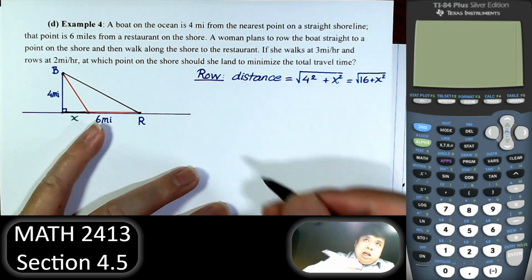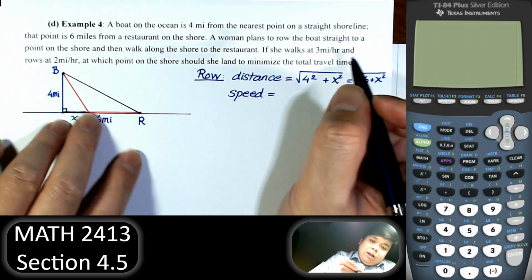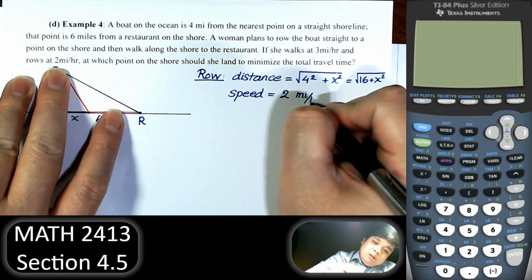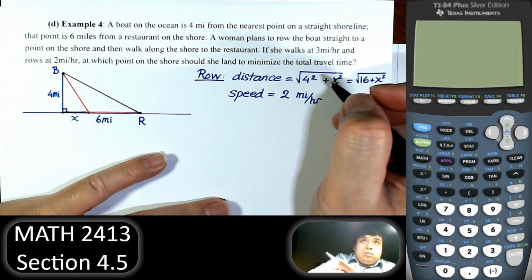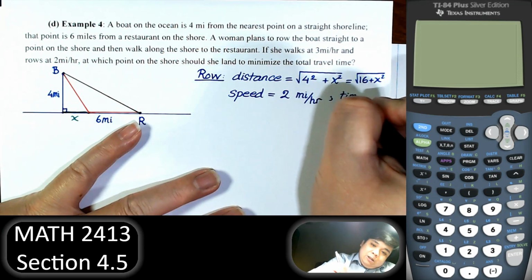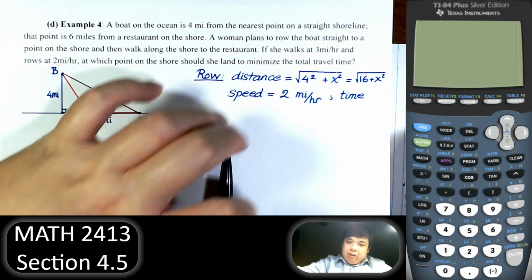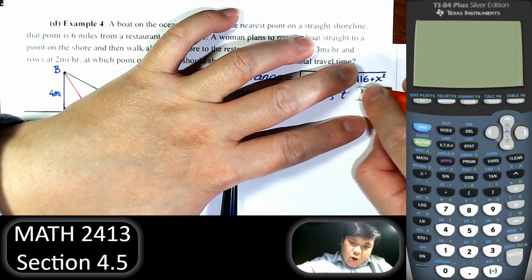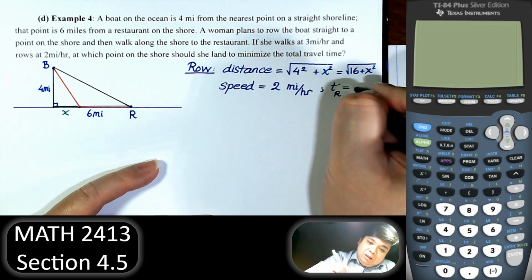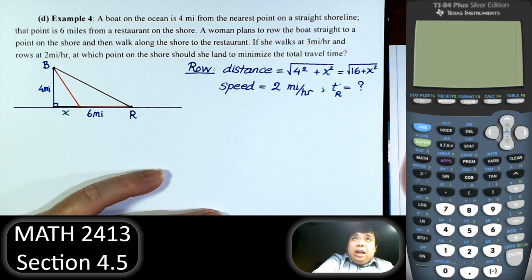So that is the distance. The speed: she rows at 2 miles per hour. So in that case, what would be the time? Let's say the time that she spent rowing is T sub R. So what is the time that she spent rowing?